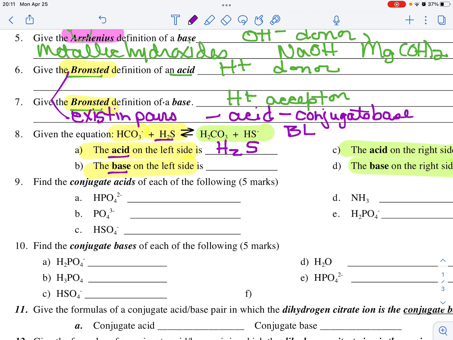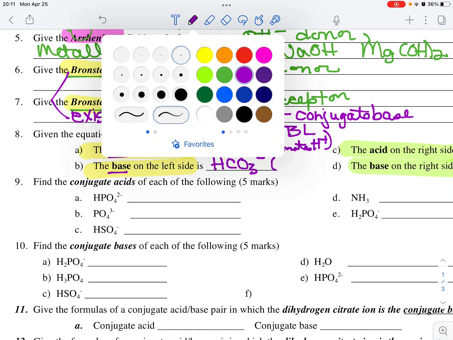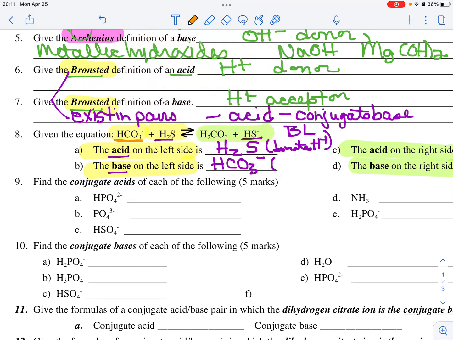Between here and here, you can see that it donates an H+. It is therefore the acid. The base is HCO3-, and you can see that from here to here, it accepts an H+.